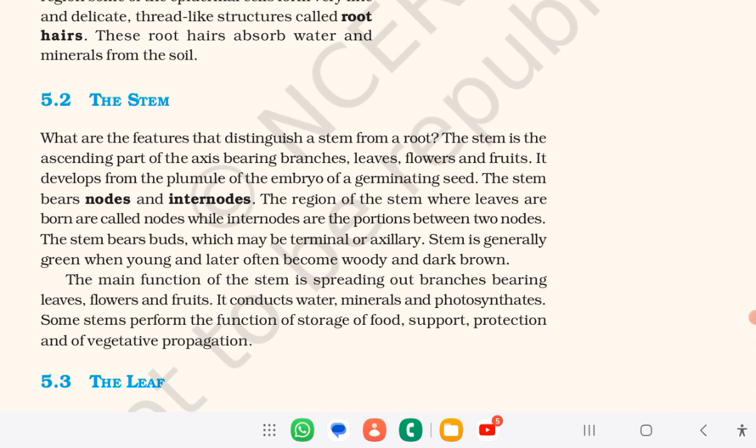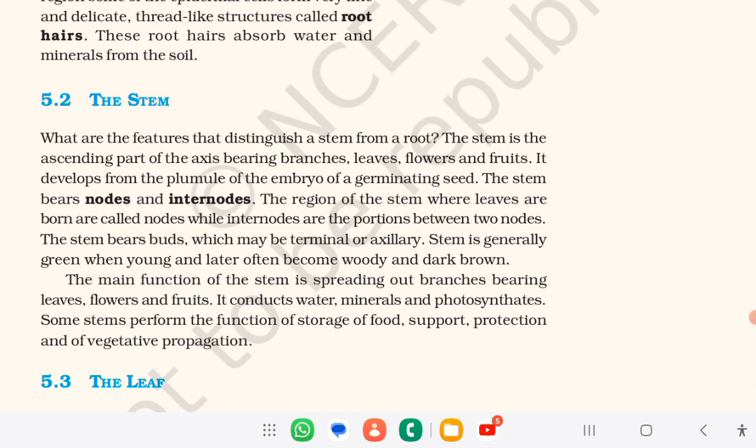The region of the stem where leaves are borne is called nodes, while internodes are the portions between two nodes. The stem bears buds, which may be terminal or axillary. The stem is generally green when young and later often becomes woody and dark brown.